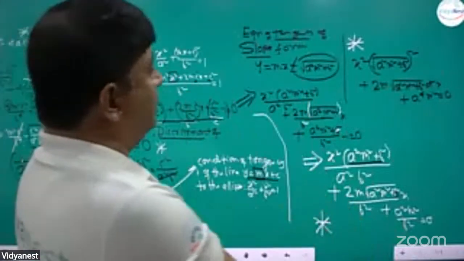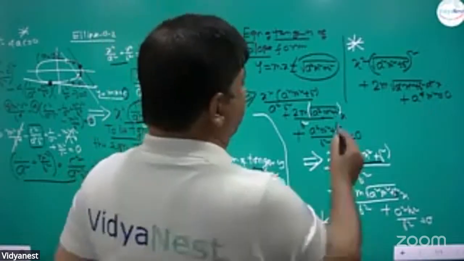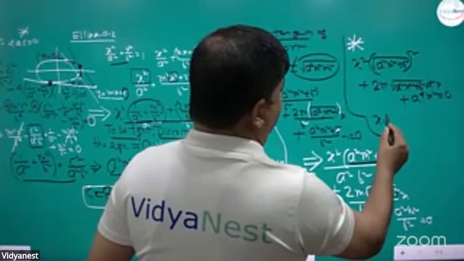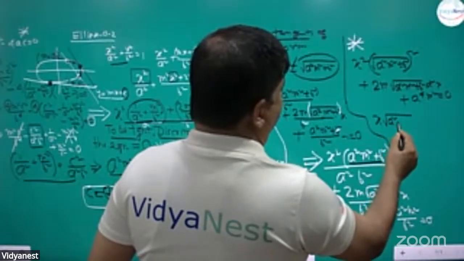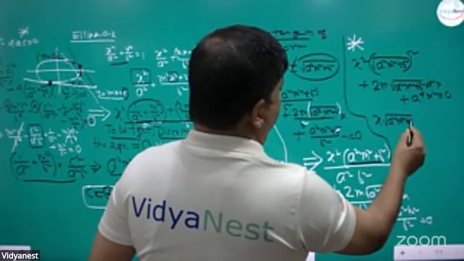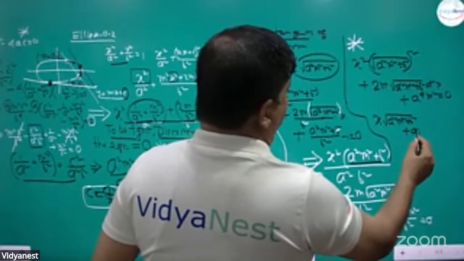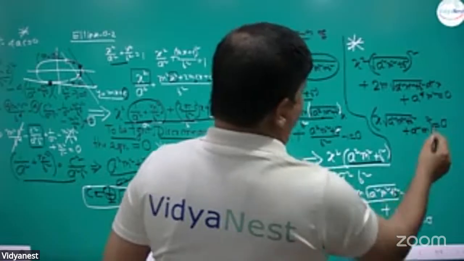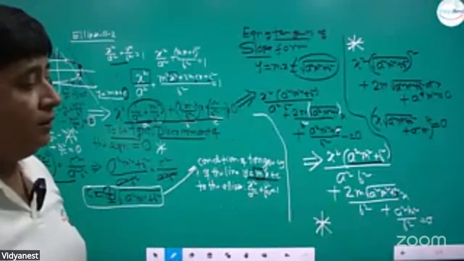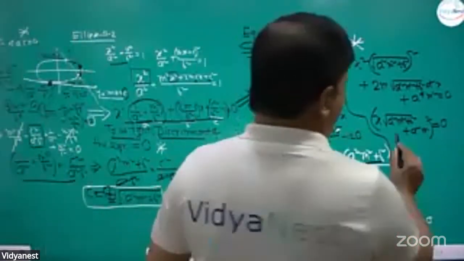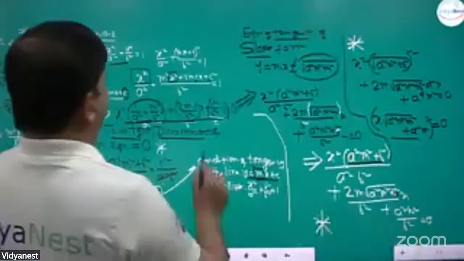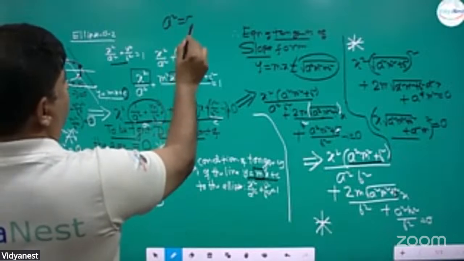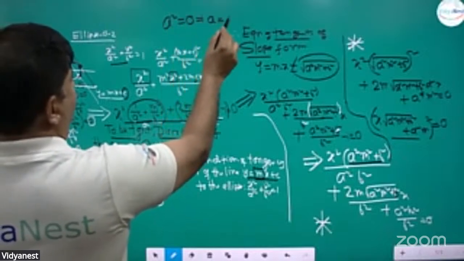So this will give you what? This will give you a simple formula of a plus b whole square. Hope you are mature enough to understand that. From our childhood we have seen this result: a square equal to 0 means a must be 0.